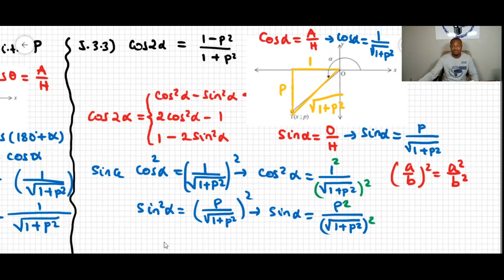But now what will happen here? The power of 2 will cancel this root. The power of 2 here also will cancel the roots.